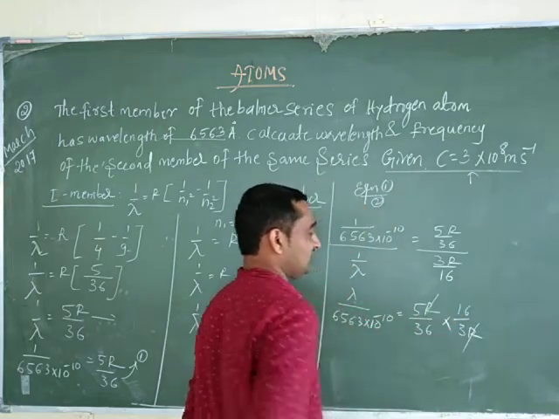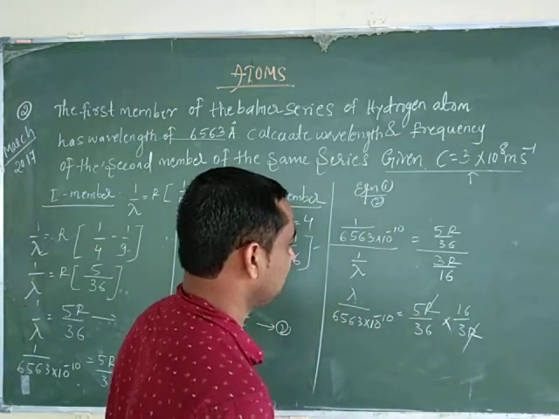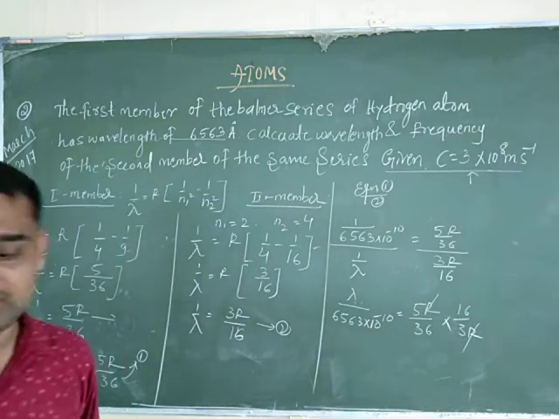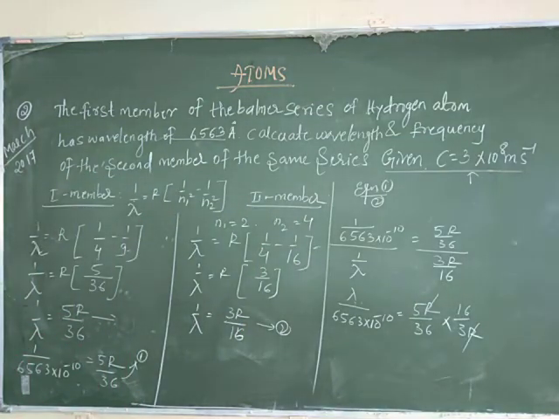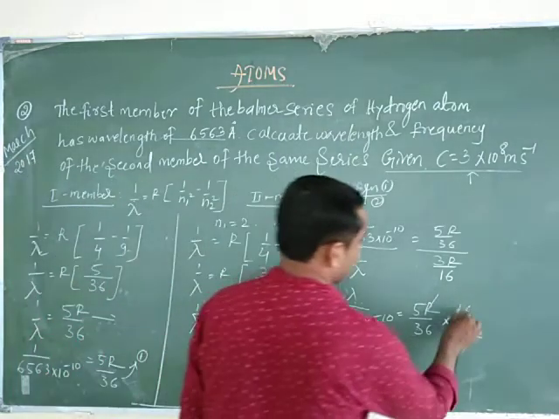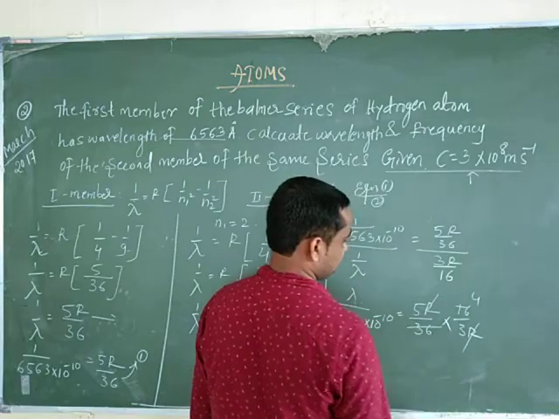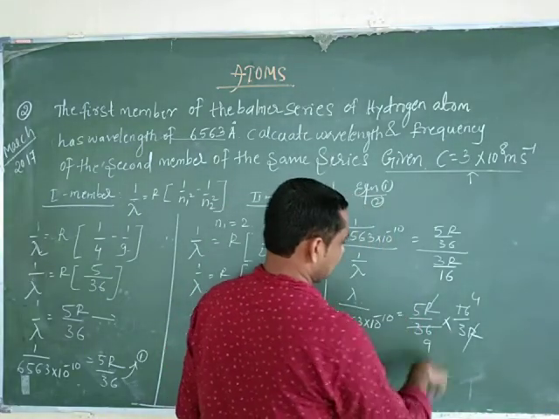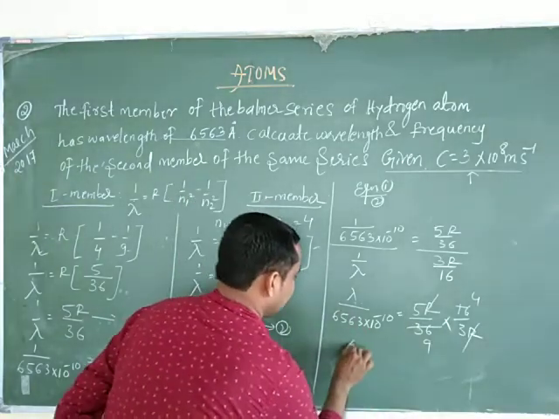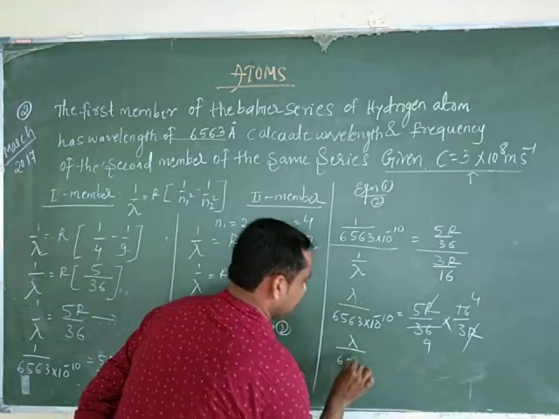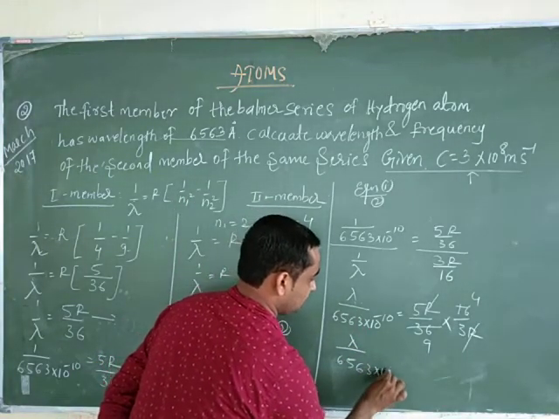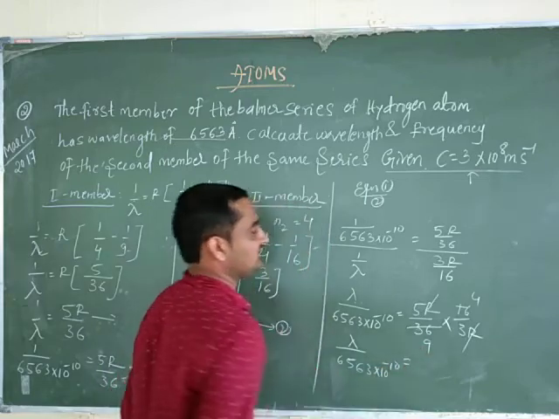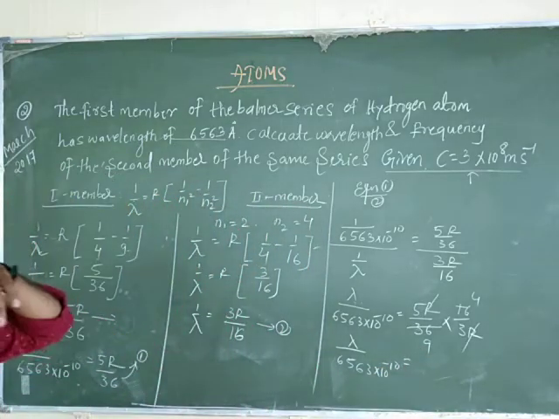Here R and R get cancelled, and we have 16 divided by 36. 16 is 4 fours, and 36 is 4 nines.